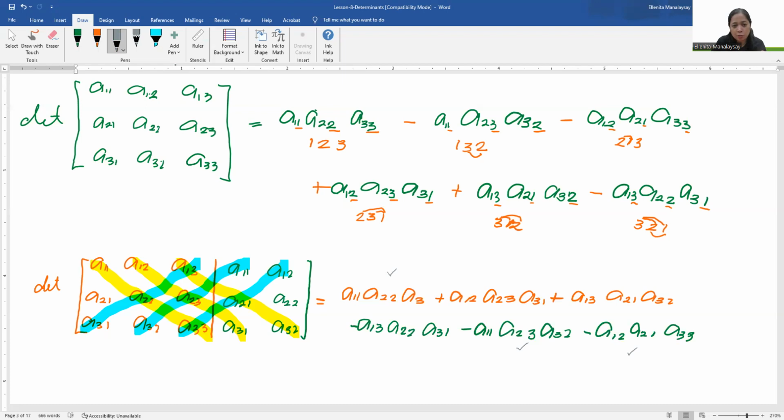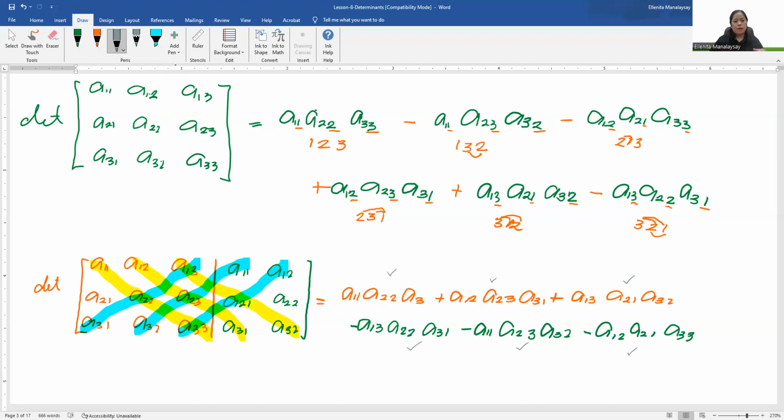And then A12, A23, A31, this is positive. And then A13, A21, A32, that's positive. Then for the last one, A13, A22, A31. So it's also here, only the order changed, but that will yield the same result because we are adding products of real numbers and commutativity holds.